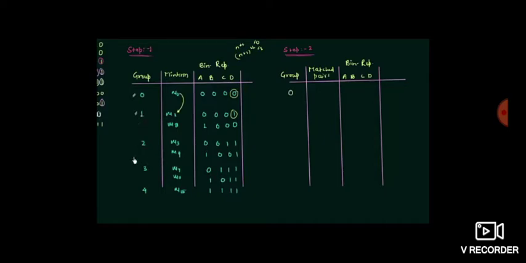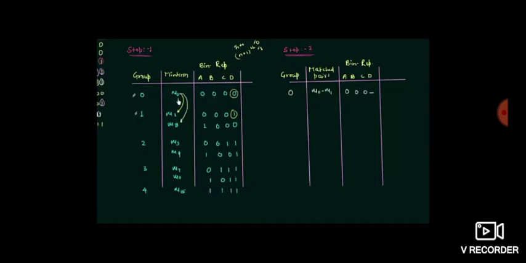Again in the same manner we are comparing m0 and m1. So 0 and 1 are different, we write 000 and underscore for the differing bit. Again we are comparing m0 and m8, the same procedure.